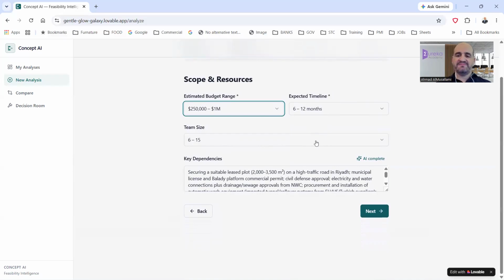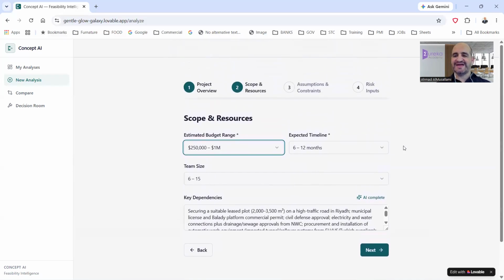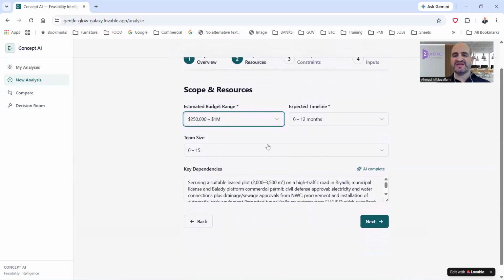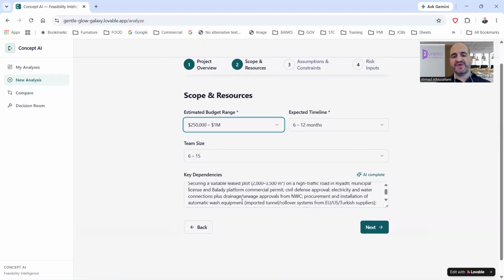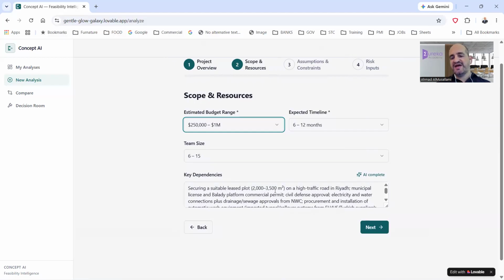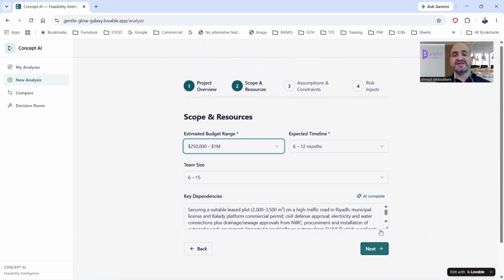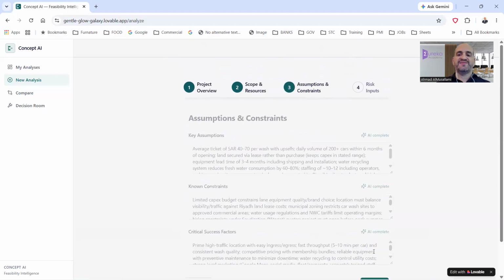Team size, as you know, it is an automated service, but still we might need resources for doing multiple shifts. Key dependencies, of course, this one is related to securing the place, the spot for the project to be done, the car wash, and yeah, it could be challenging. So this is our scope in brief.